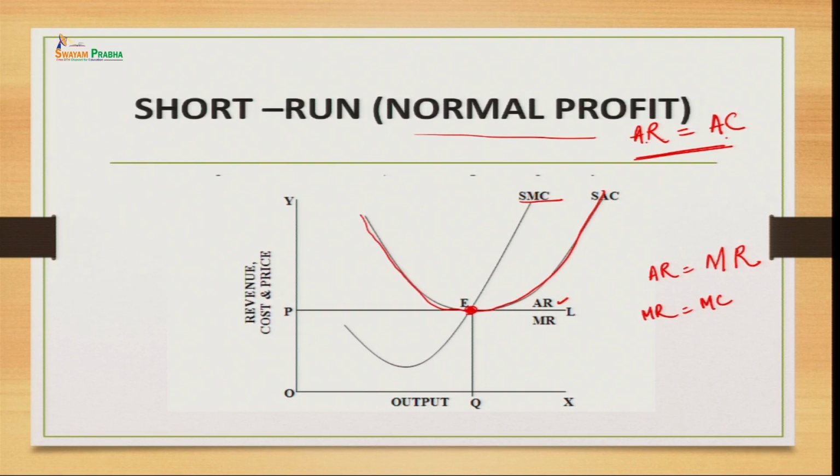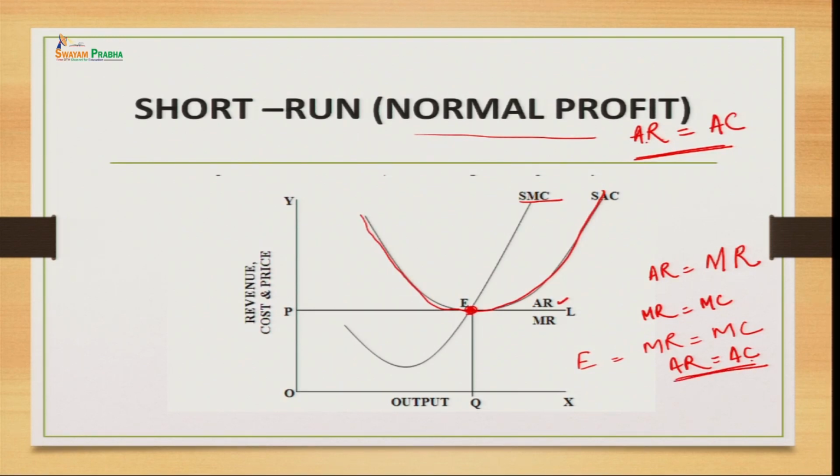So, particularly what we are saying is that at point E, we have marginal revenue equal to the marginal cost, and similarly at point E, which is an equilibrium point, our average revenue is also equal to the average cost, which states that the firm which is earning the normal profit has the same average revenue as well as average cost.